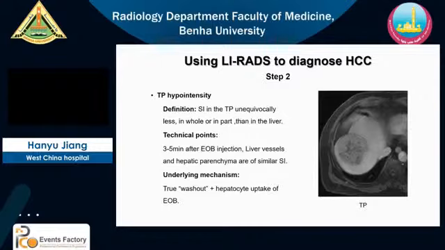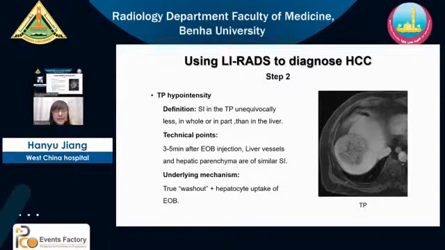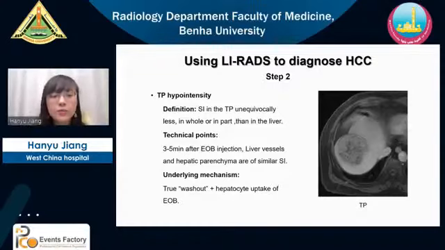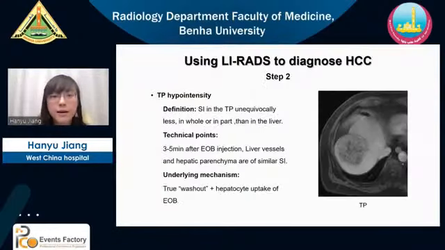Okay, so let's go back to transitional phase hypointensity. As we have talked about earlier, two components, the true washout and hepatocyte uptake of the contrast agent, contribute to the appearance of transitional phase hypointensity.